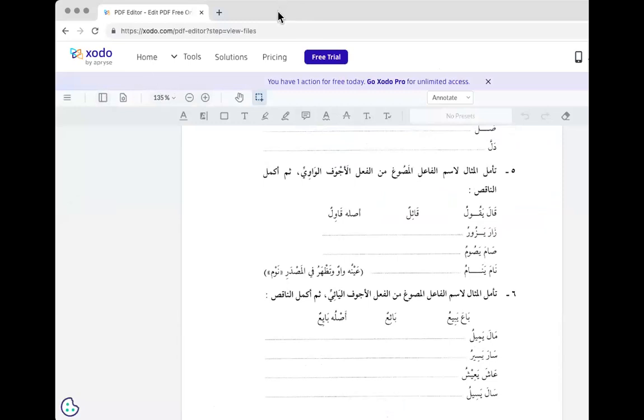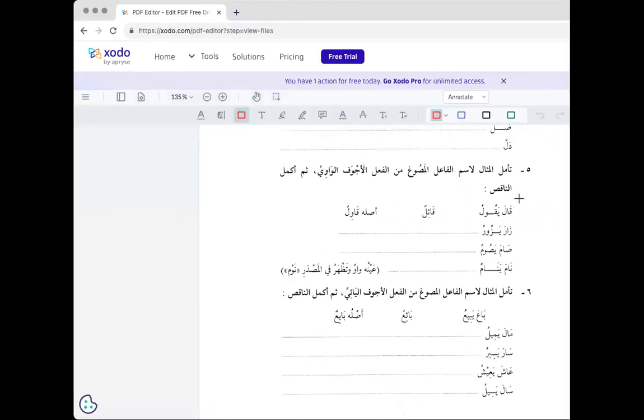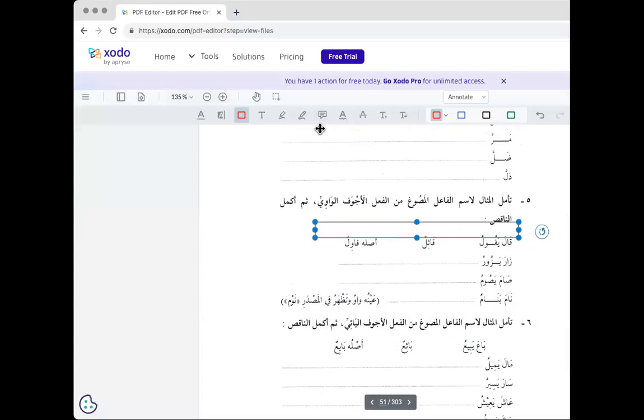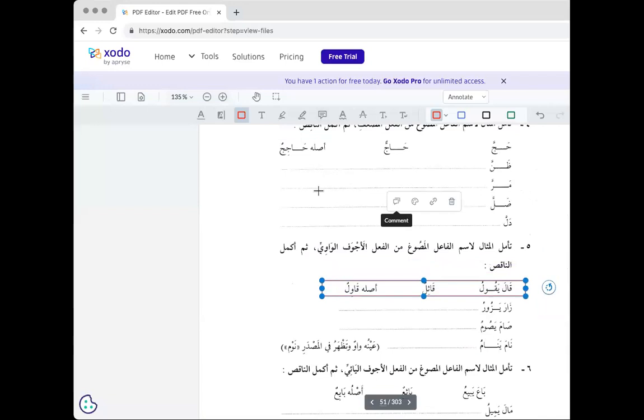The example they gave shows قال يقول, the اسم الفاعل is قائل, and the origin of قائل is قاول.